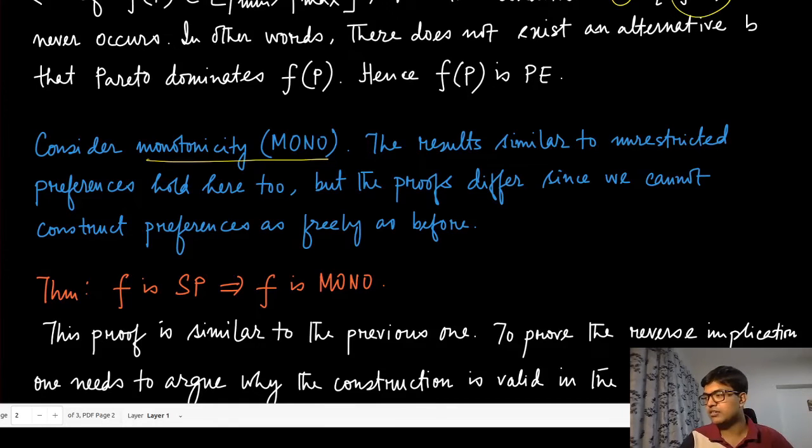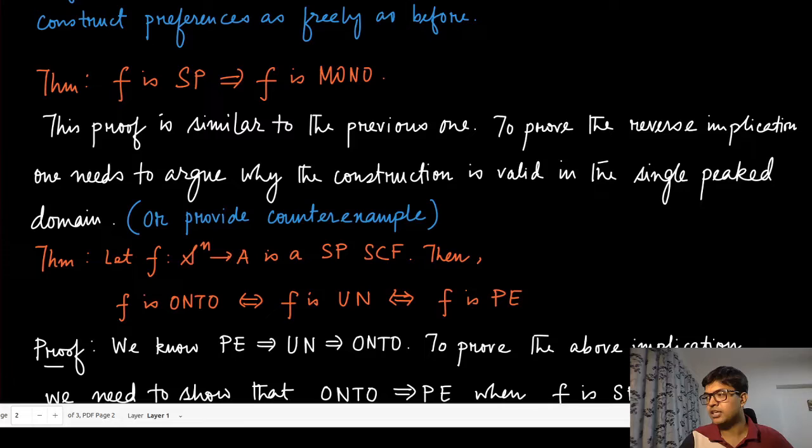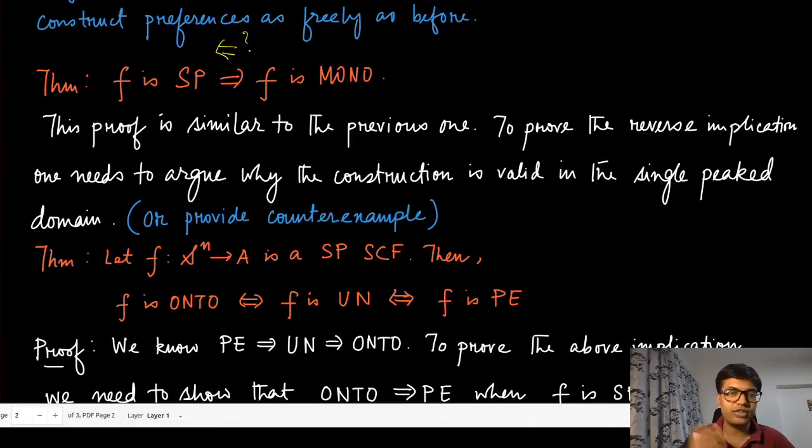So there is nothing very interesting in this direction. But when we are talking about the reverse direction, that if f is monotone, whether it is strategy proof or not, that particular proof is not so straightforward, and the same proof that we have done earlier will not hold. And it will not hold because of the fact that it was a constructive proof.